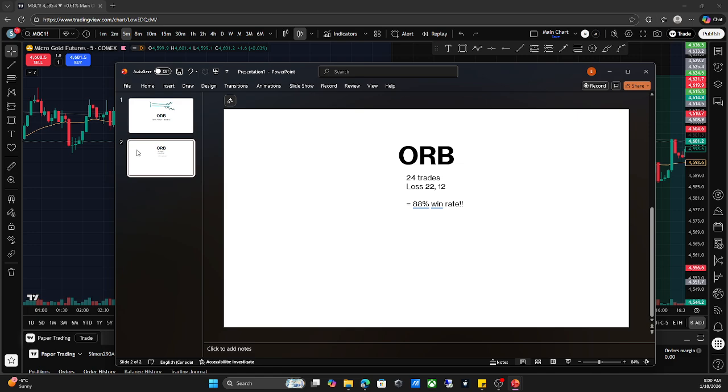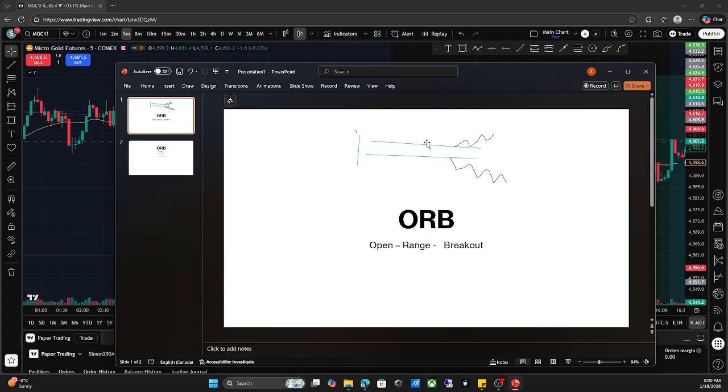I specifically trade gold, but the strategy works on forex, futures, or even stocks. So in the first 15 minutes of the New York open, you find the high and the low, and then you wait for the breakout from that range, and based on that you wait for the retest, then a confirmation, and basically you trade in the direction of where the market is breaking.